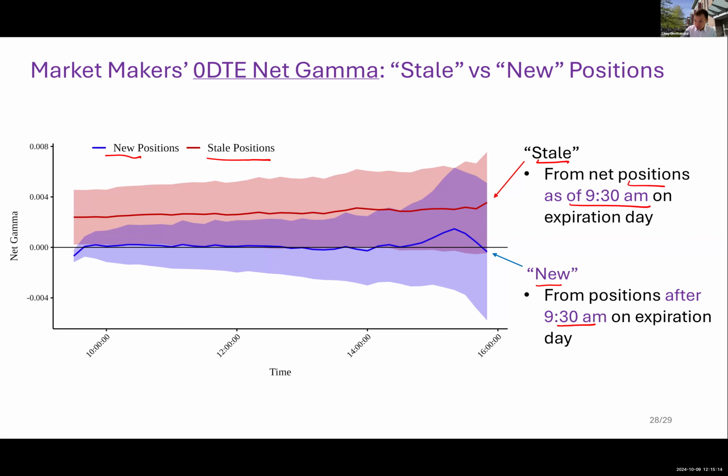So I hope this convinced you a little bit, Christian, that it's really coming from positions from yesterday, ahead of time. We also have some more results in the paper showing potentially causal impact, that it's really the increase in net gamma already originated days ahead of the expiration.